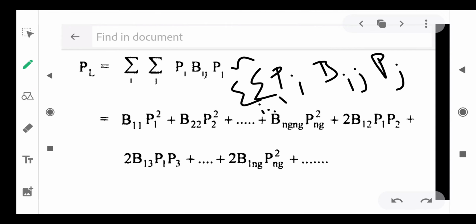So you can have that general expression like this: B11 P1 square plus B22 P2 square and so on, up to Bnn Pn square. That means n number of generators, the last term. And similarly the mutual terms: 2 into B12 P1 P2 plus 2 into B13 P1 P3 and so on. So it can be expressed like that.